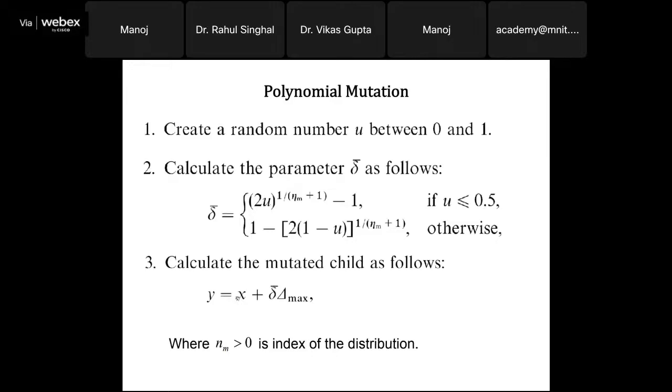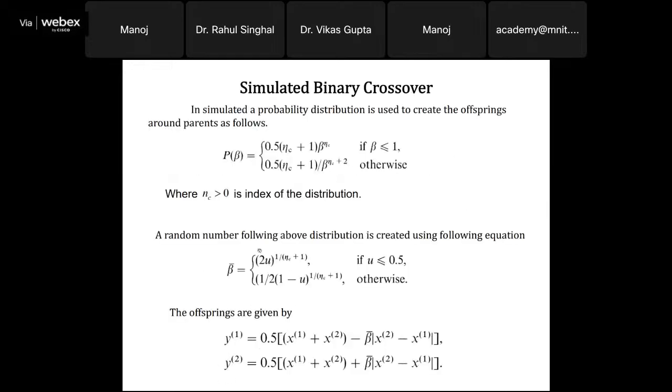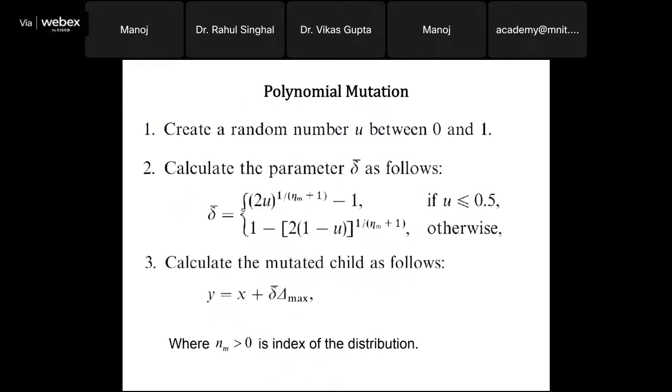So this philosophy of mutation was very well captured using polynomial mutation, and generating solutions nearby the parents was also captured by simulated binary crossover. There is a good proof for this also available if you see the research papers. But this method by far is one of the most popular methods, and it was further extended to deal with problems related to constraint optimization, then multi-objective optimization, and then also many-objective optimization problems.